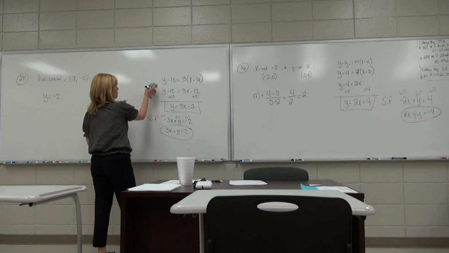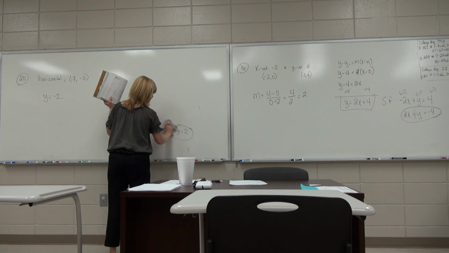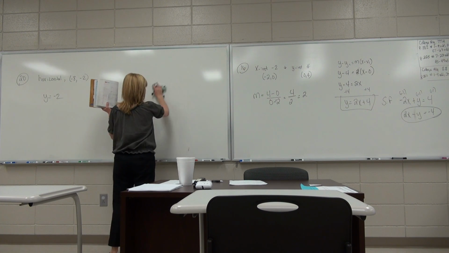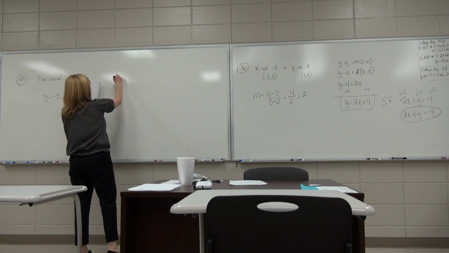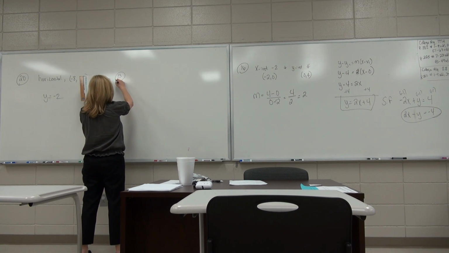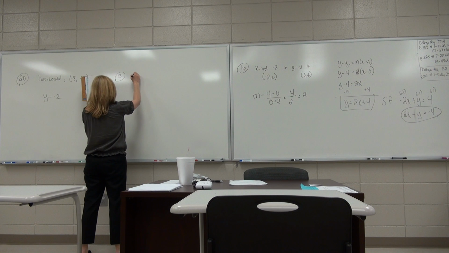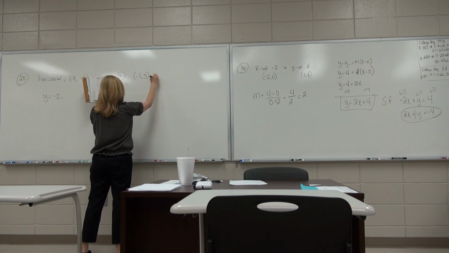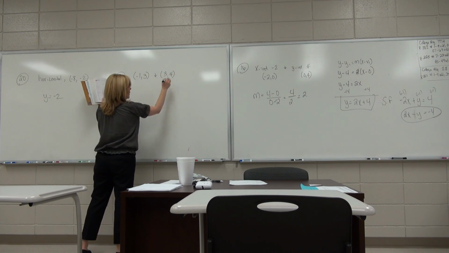I'll show you. This is actually going to be 13 in your book, but I want to show you one that ends up with fractions. Going back to number 13, you're told to find the equation of the line that passes through the point negative 1, 3 and the point 3, 4.